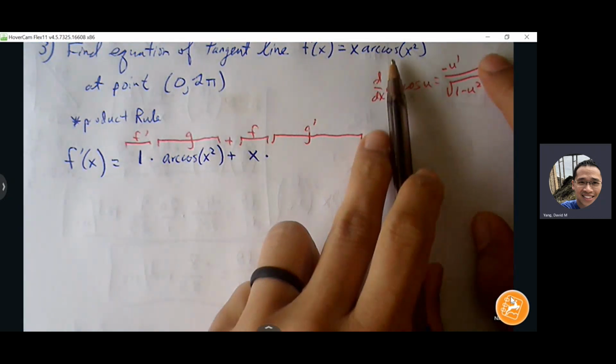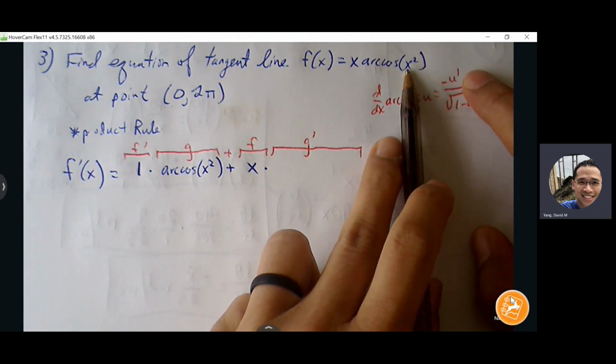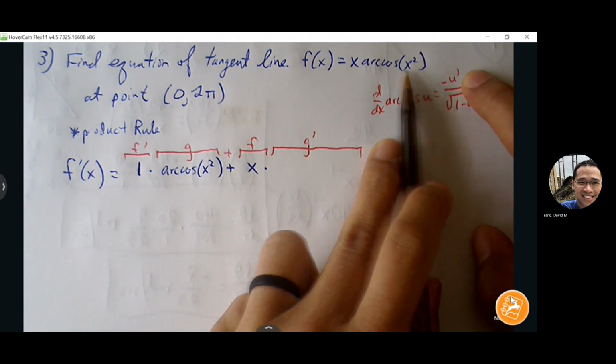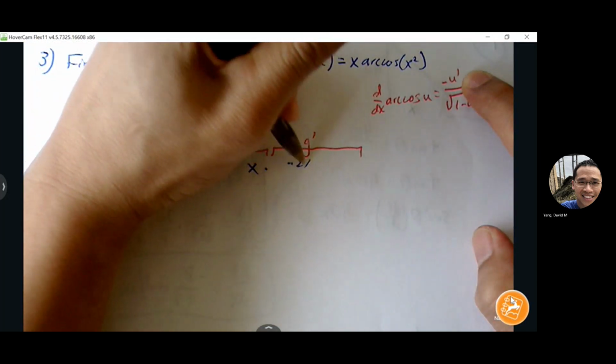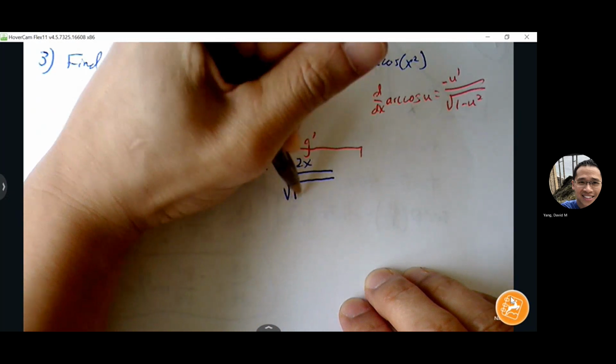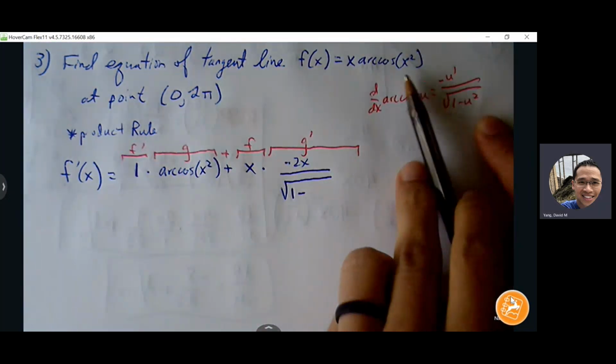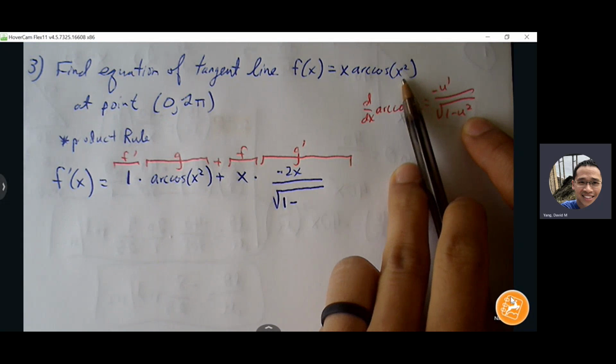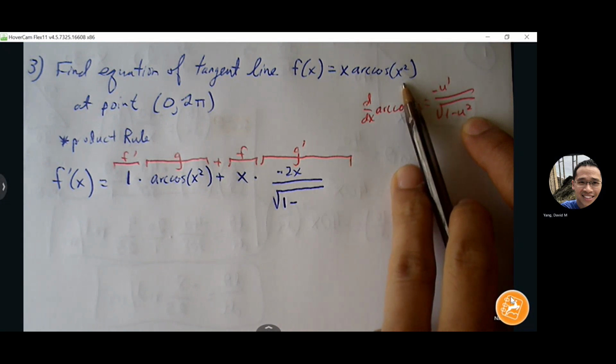Okay. So negative u prime, my u value is x squared. So negative u prime is what? One minus u squared. So 1 minus x to the 4th.